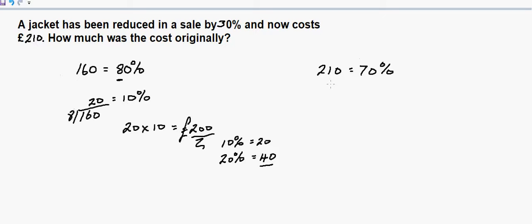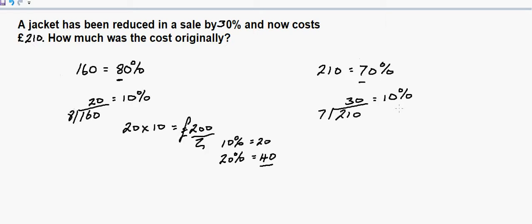So the £210 is 70% of the original cost. So again, I divide by 7 to find 10%. So 210 divided by 7 goes 30. So 30 represents 10% of the original price.